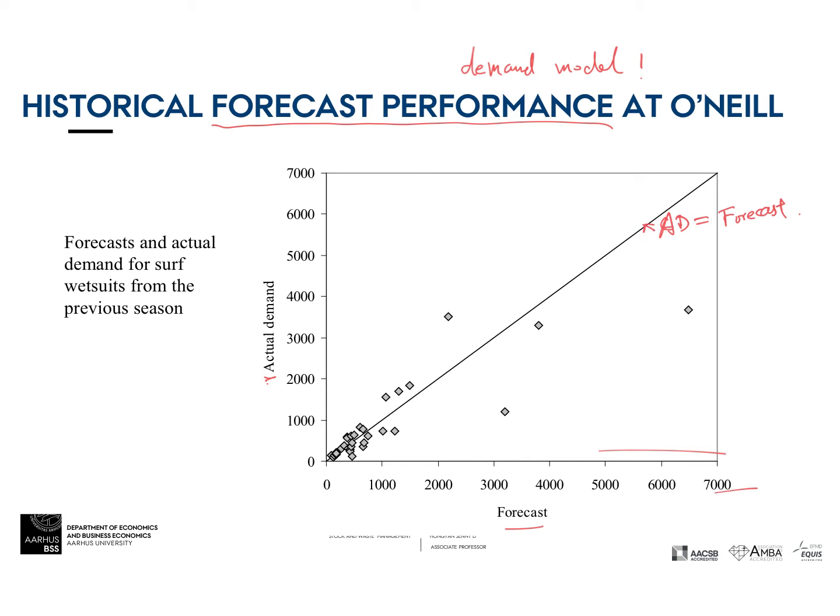But from the plot you can see that at some times your actual demand is greater than the forecast, and in some situations the actual demand is less than the forecast.